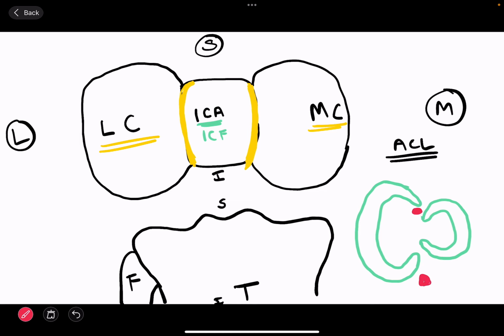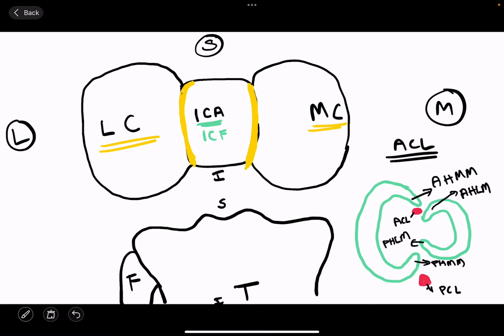Now I'll make it easy for you to identify these structures. This is the anterior horn of the medial meniscus. This is the anterior cruciate ligament. This is the anterior horn of the lateral meniscus. This is the posterior horn of the lateral meniscus. This is the posterior horn of the medial meniscus, and this is the posterior cruciate ligament.